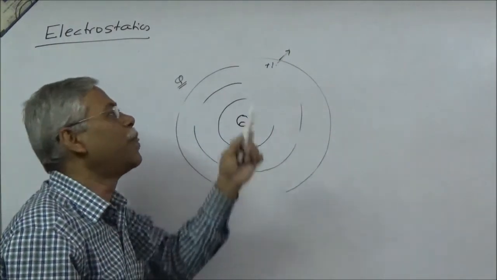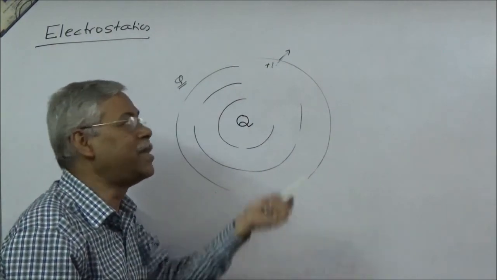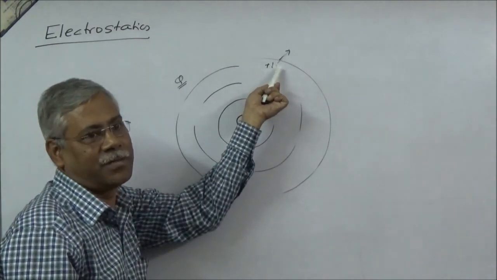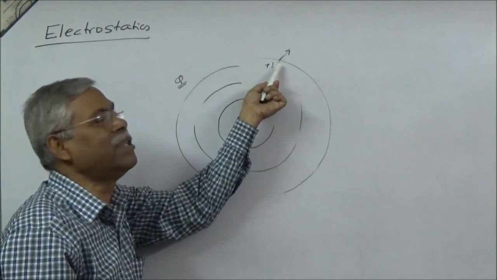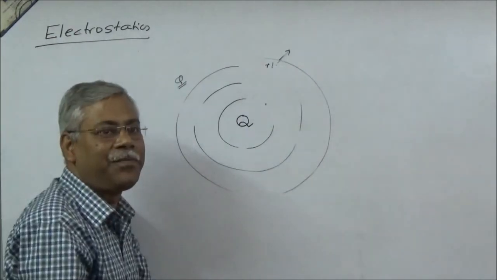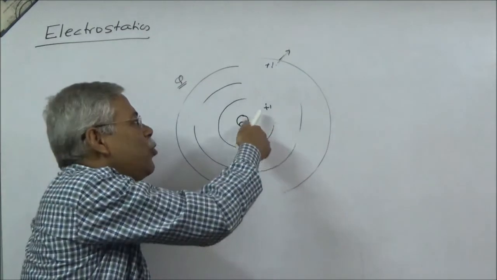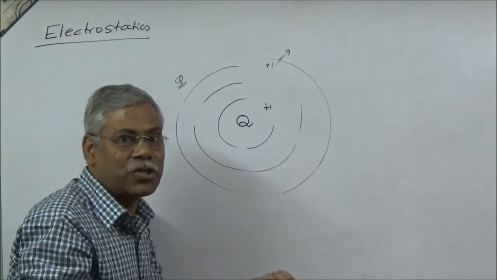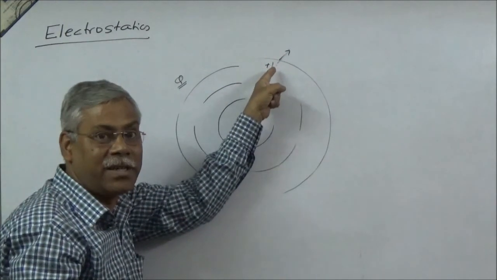The force that this charge will experience is the intensity at this point. Obviously the intensity at this point will be less compared to the intensity at this point, because if you place +1 charge here, it will experience a greater force. That means intensity is greater here, intensity is less here.